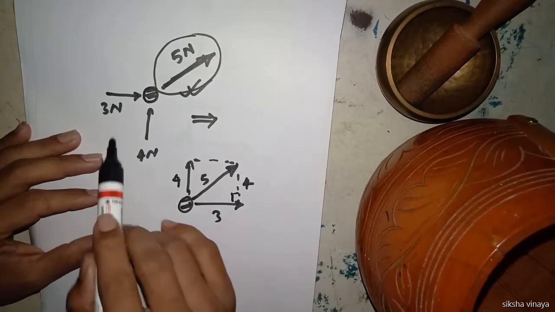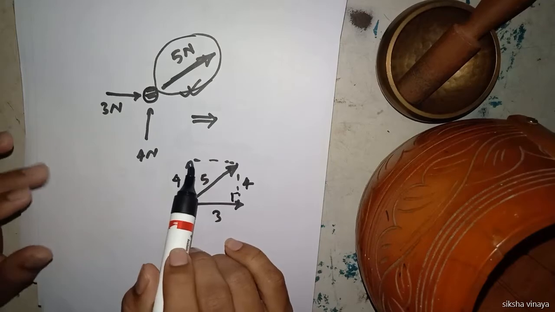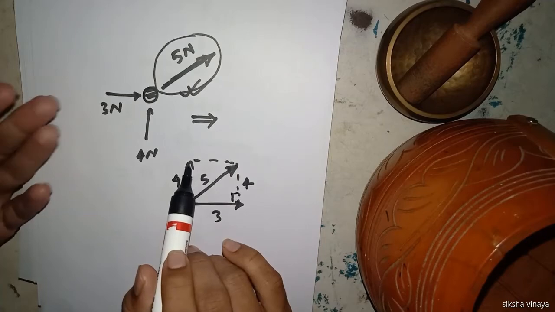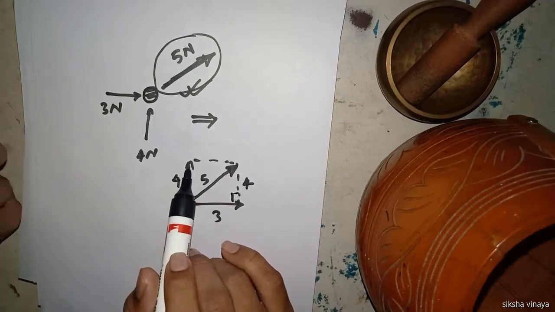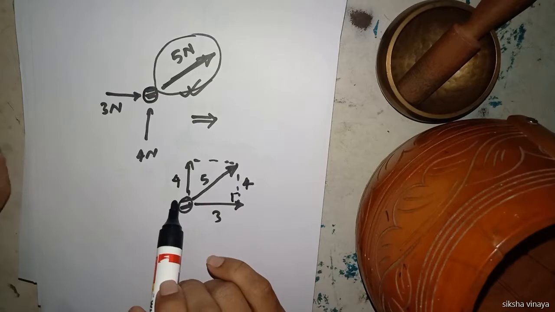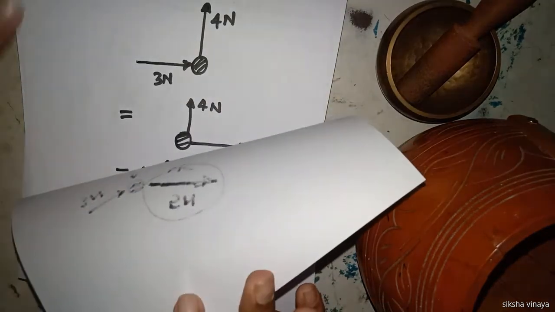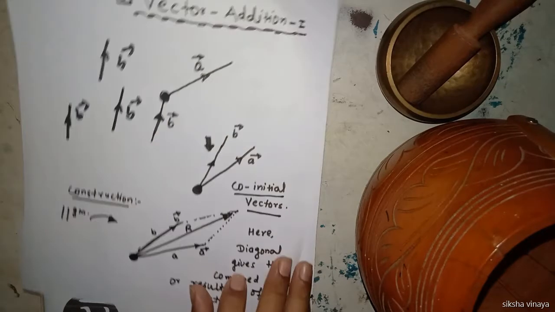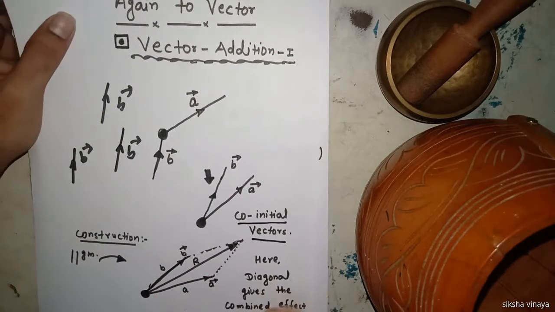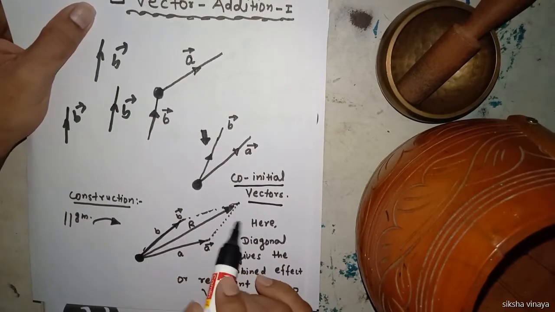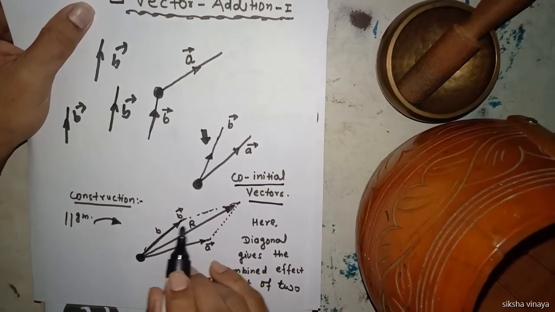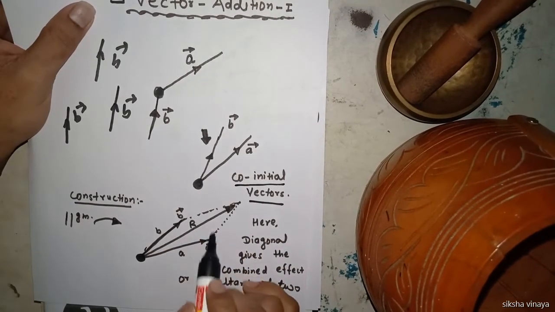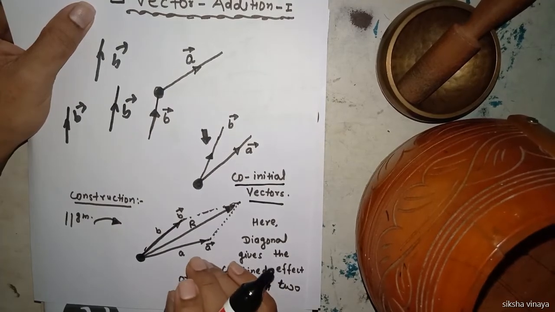So now you can understand how this law, this rule, or this process works to find the real answer when adding two vectors. That is why this law, rule, or method is called the parallelogram law, rule, or method, because we have to construct a parallelogram here.